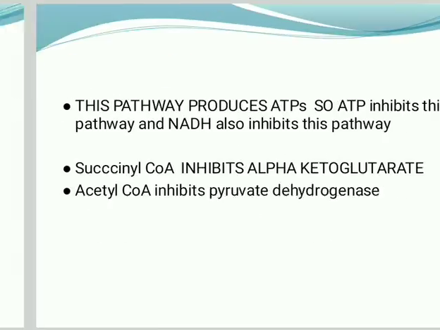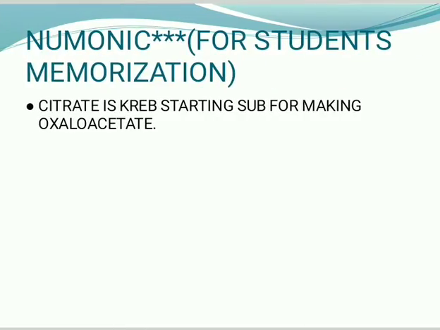This mnemonic is used by most people, but you can create your own, and it is not to be written in the examination. It is only for your own memorization of these steps.